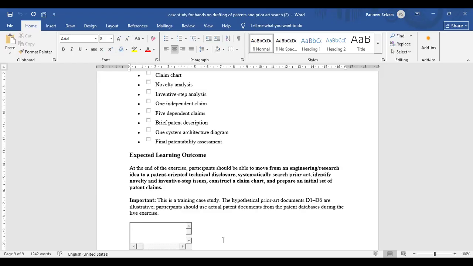The ultimate objective of this hands-on activity is not simply to learn how to write a patent claim. It is to develop the ability to identify the real technical contribution, search the existing technological landscape, distinguish the known features from novel features, and draft claims that accurately capture the inventive concept.